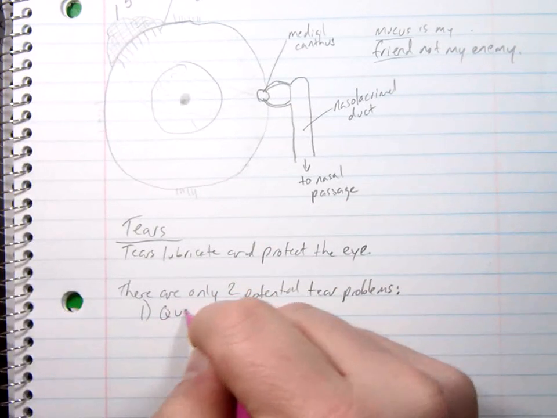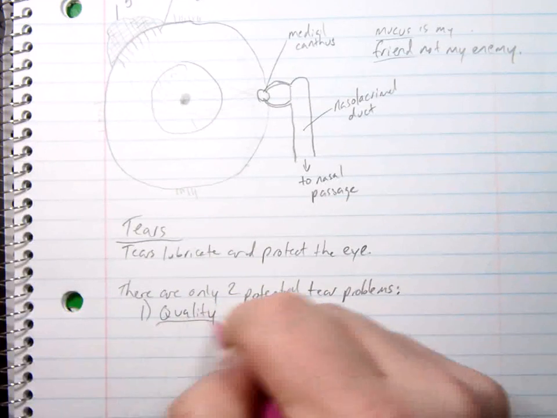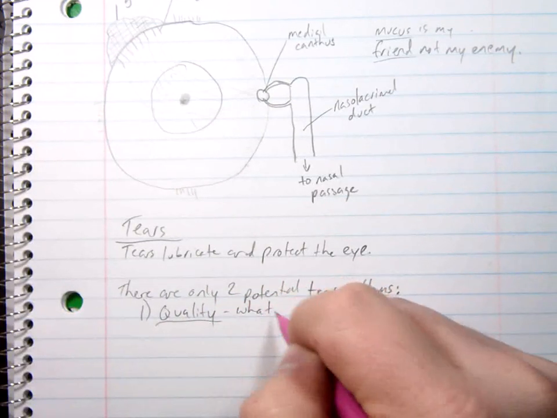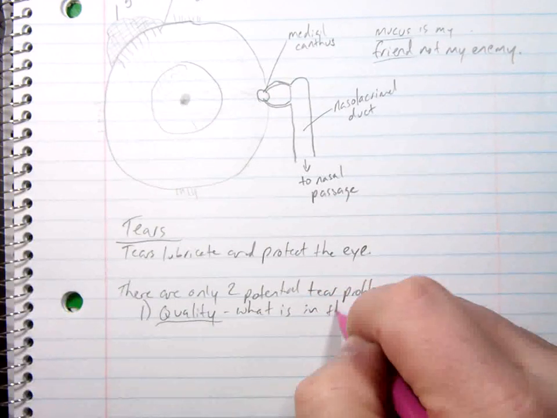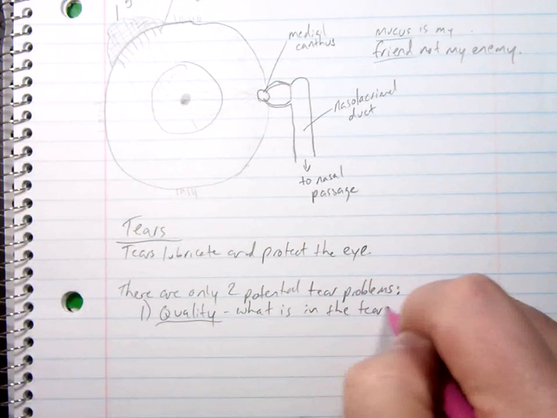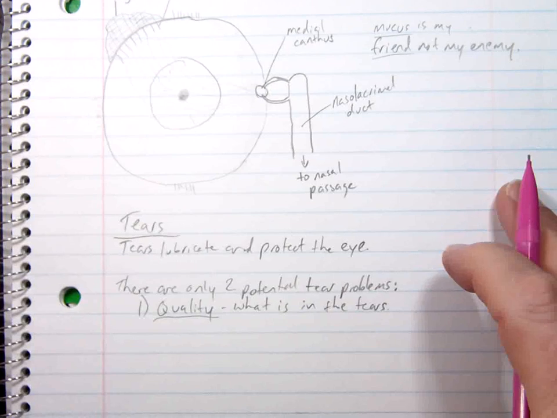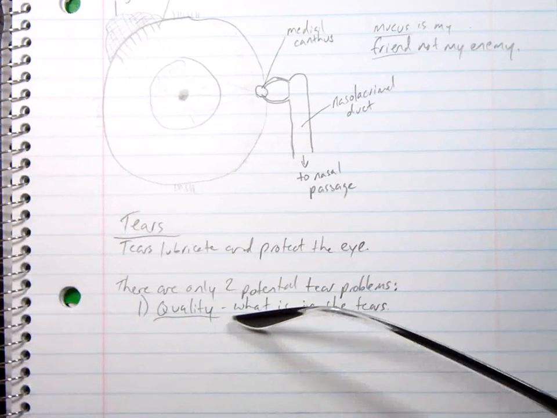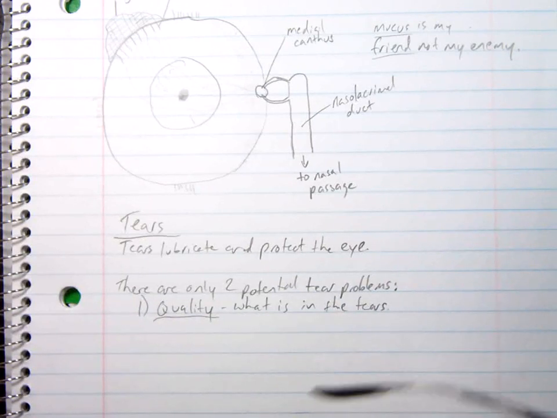Quality. Okay? Basically, what is in the tears. Sometimes it's deficient in certain things, and as such, it's not doing a good job. The interesting thing about your tears, though, is that what is in the tears changes depending on why you're crying.